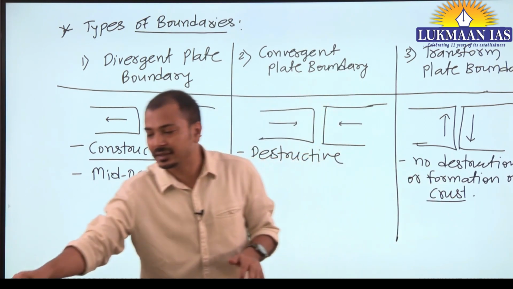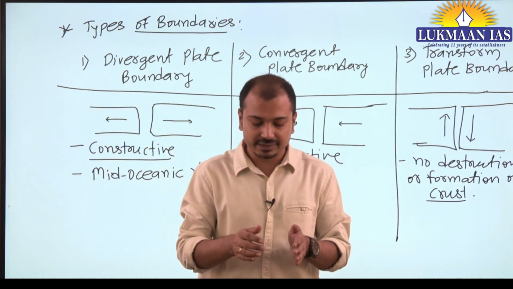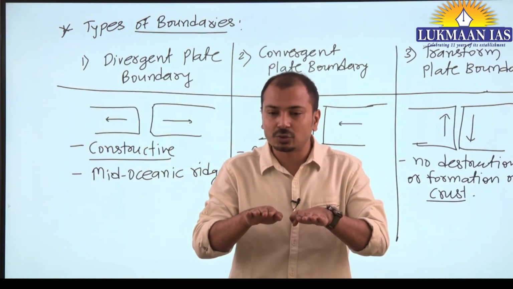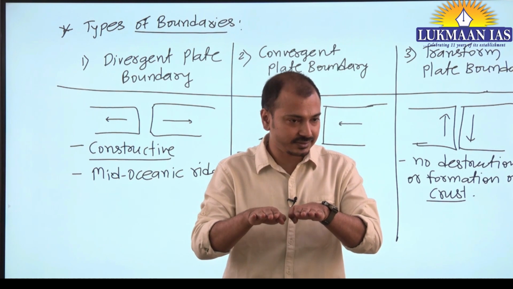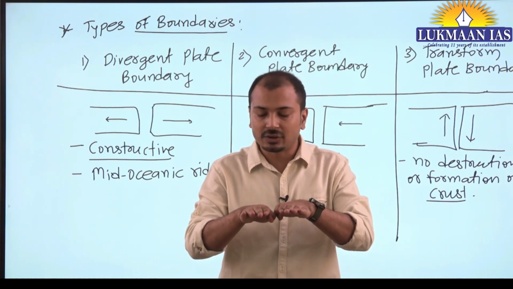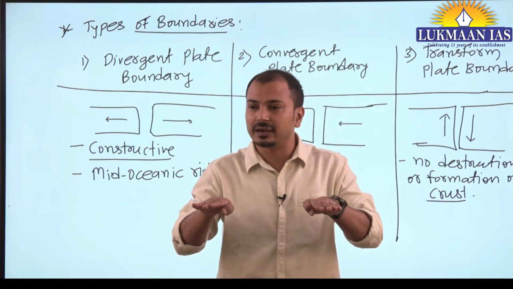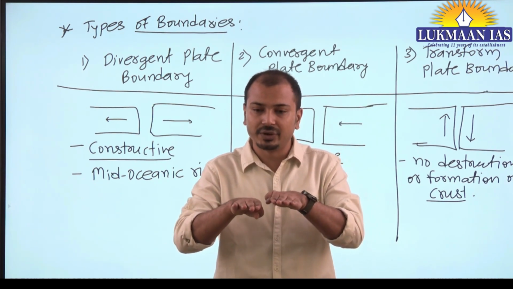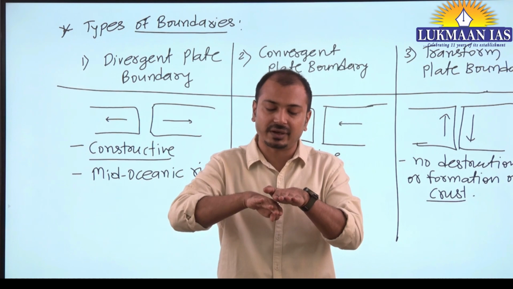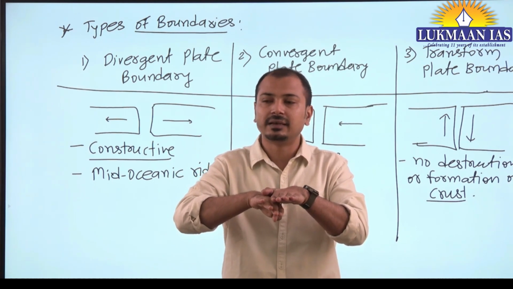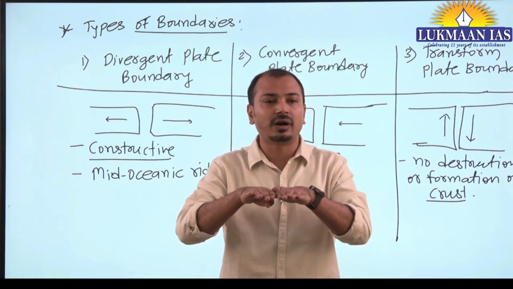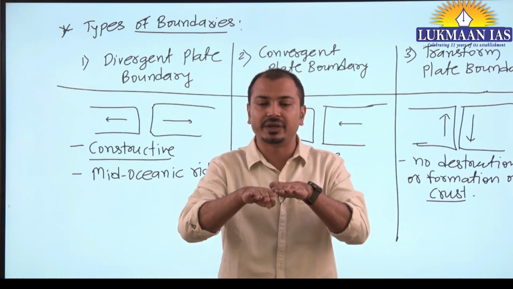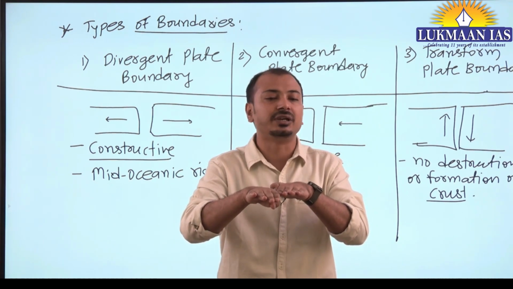What is happening here, simply you can see, suppose these are two lithospheric plates. In convergent, these plates were moving towards each other, and in divergent they were moving away from each other. Now in transform, what happens is they are just moving in opposite directions in a tangential manner.